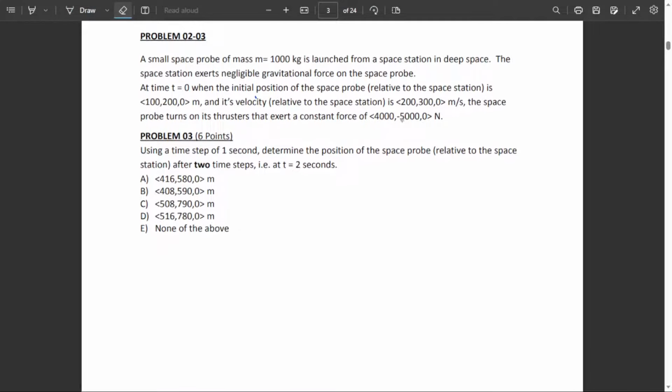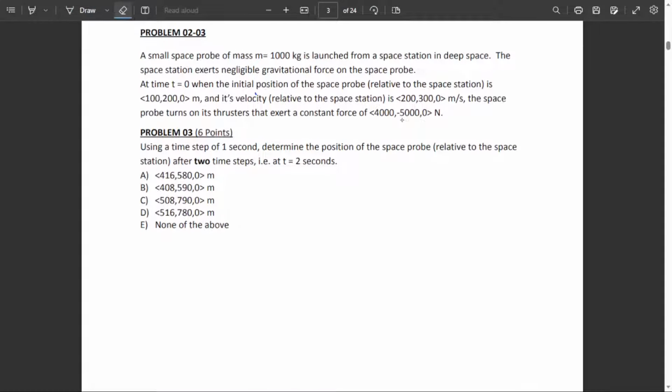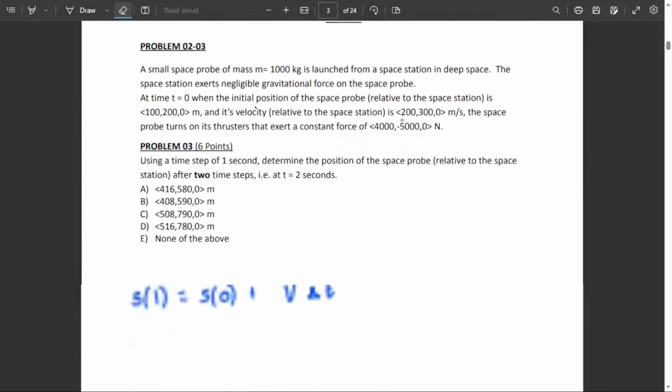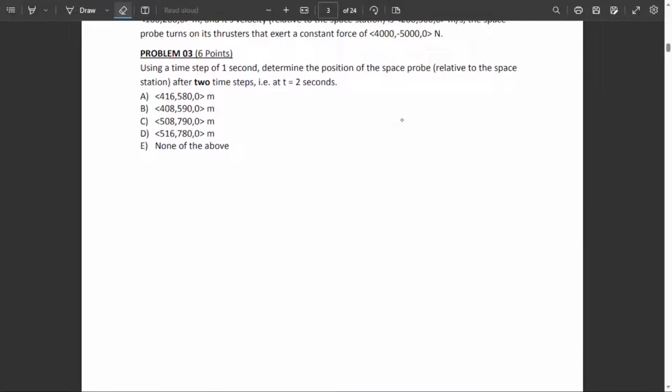So, problem 3. Using a time step of 1 second, determine the position of the space probe after 2 time steps at t equals 2 seconds. This is actually similar to the last question, just instead of asking for velocity, it wants position. To do this, it'll be somewhat similar.